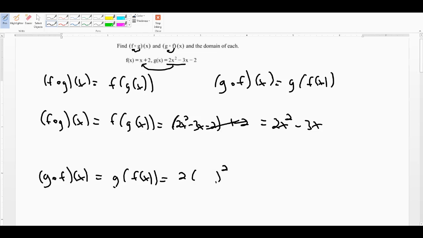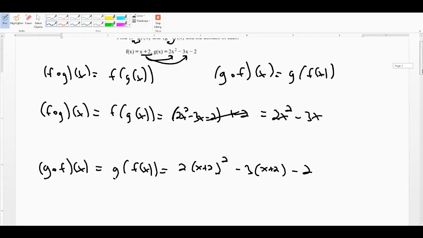I'm not going to write down the x, because whatever's inside the parentheses, in this case the f function, which is x plus 2, that's what's substituted for the x's in the g function. So everywhere we have an x, we put x plus 2. F goes inside the g for the x. Since f is x plus 2, that's what we're going to substitute.